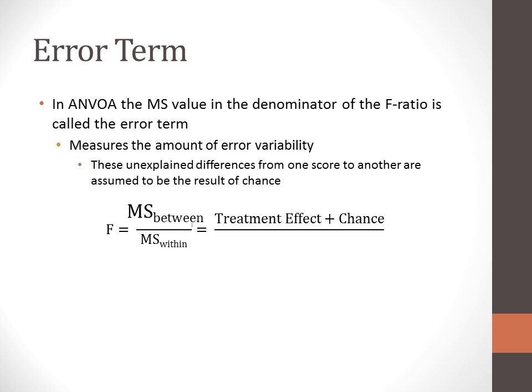A large value for the mean squared within will result in a smaller F ratio. The denominator of the F ratio, the mean squared within treatment, measures the variance of the scores inside each treatment and often represents chance. A large amount of variance can make it difficult to see mean differences.